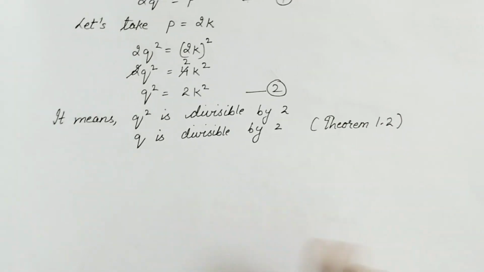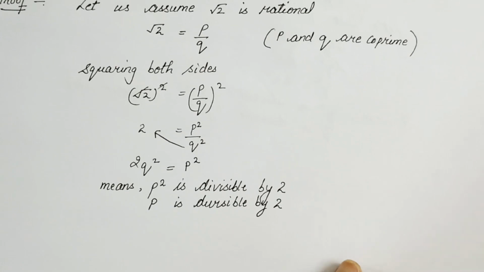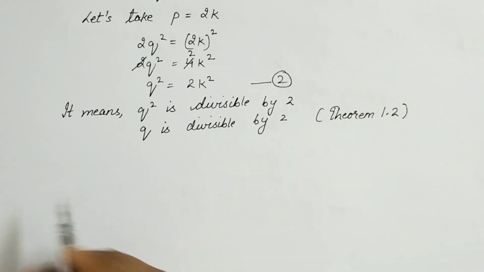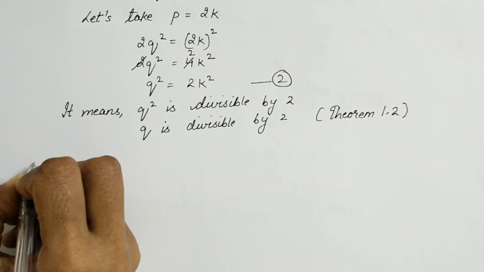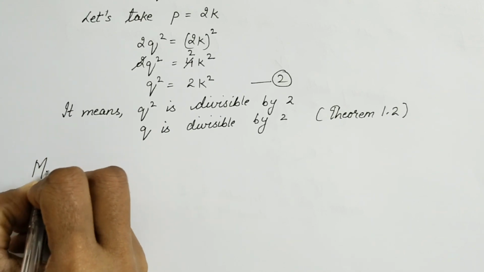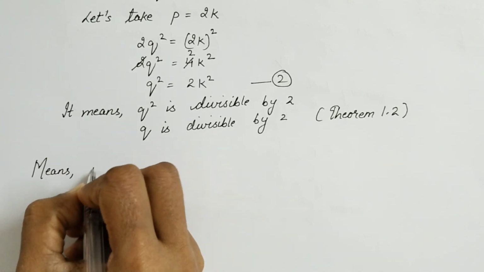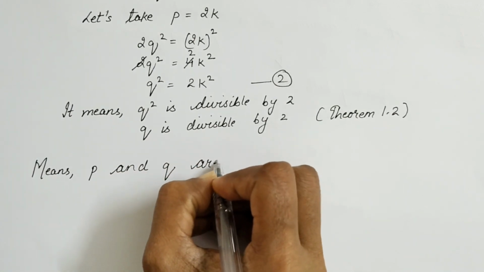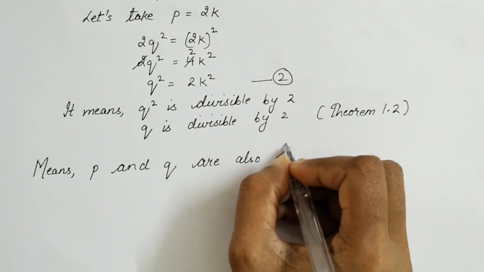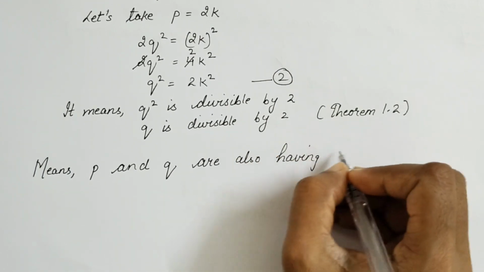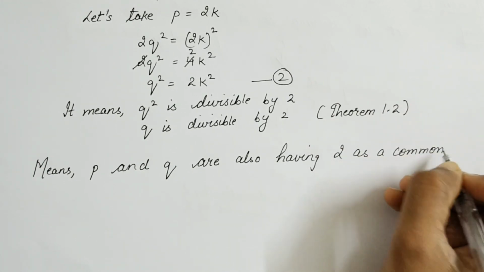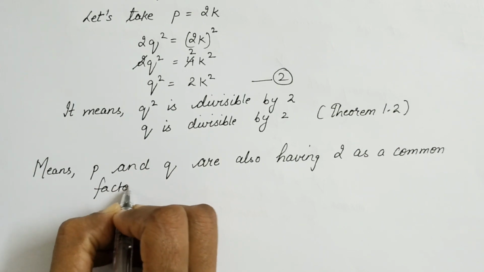Earlier I have told you that p is divisible by 2. Means I can say here that P and Q are also having 2 as a common factor.